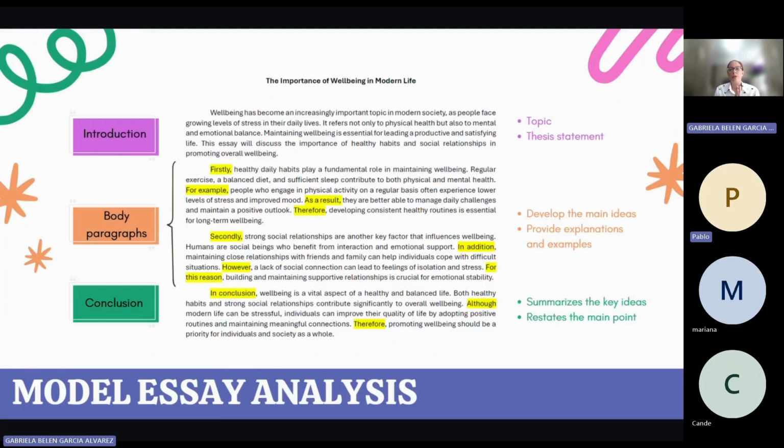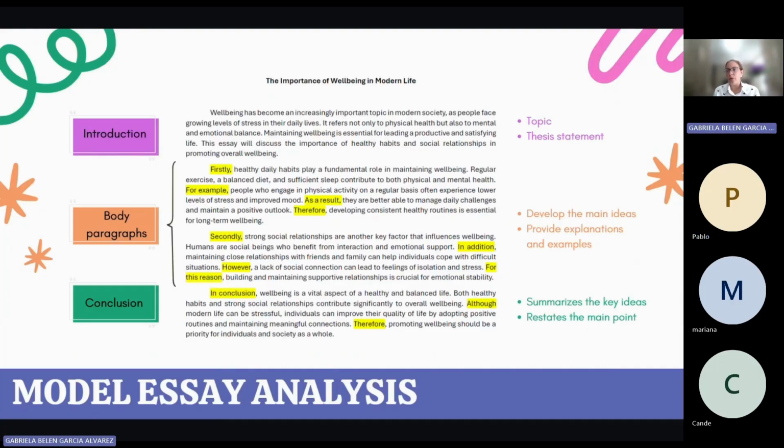So let's try and figure out why the introduction is important. In the introduction, the writer usually presents the topic and the thesis statement. What is important about a thesis statement?